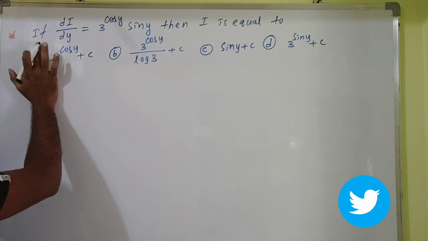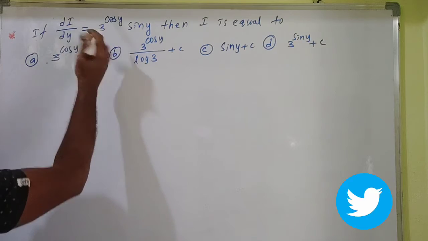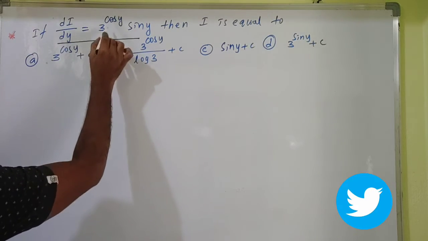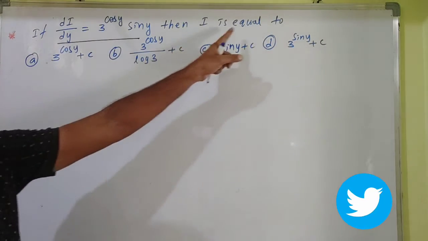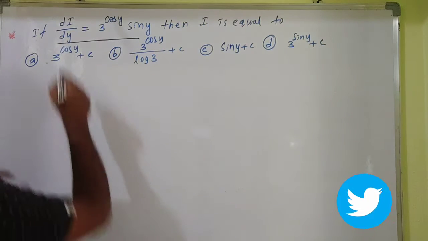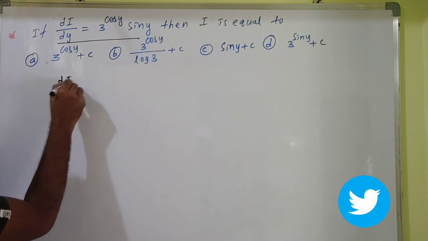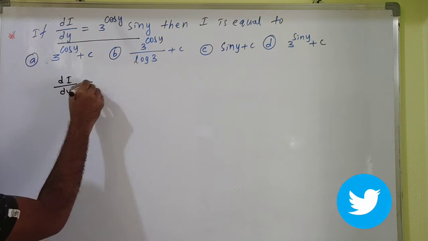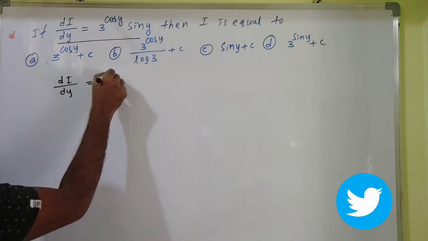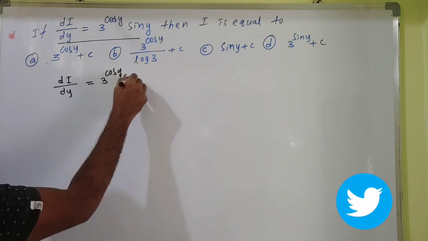Now, if di by dy is equal to 3 to the power of cos y sin y, then find I. First, di by dy is given as 3 to the power of cos y times sin y.